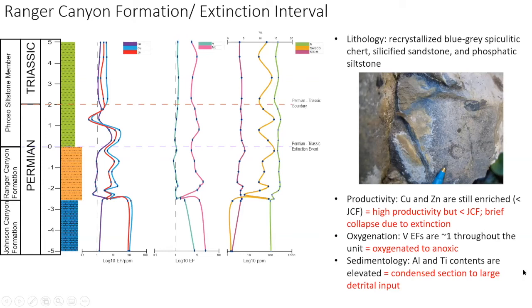Sedimentation, we see that these elevated aluminum and titanium contents mean that for the Permian specifically, it is a condensed section, and it's due to the large detrital input that we see here with the increase in titanium and aluminum.